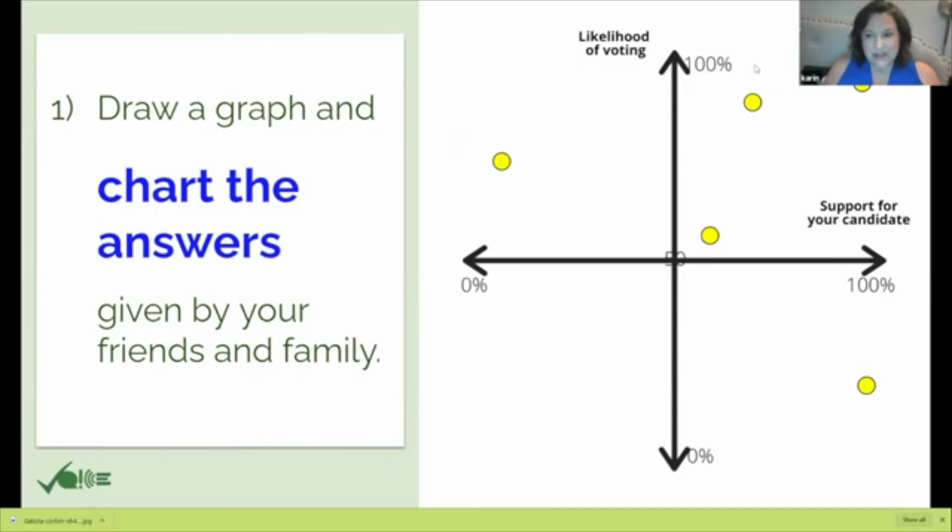So if somebody has a nearly 100% likelihood of voting and high support for my candidate, in this case we'll say Biden, then I would put a point up in the very right-hand corner to represent them. Now, if I encounter someone who likes Biden, supports him, but really isn't planning to vote, and in fact is not even registered, then I would put them down in this lower right-hand quadrant. So you fill it in with these points so you can prioritize your efforts.